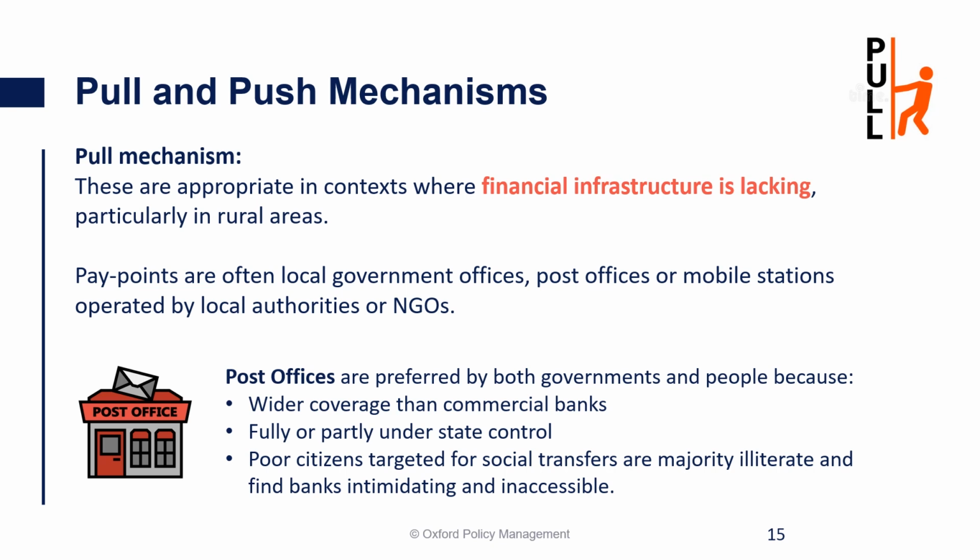In low and middle income countries, post offices tend to have wider coverage than commercial banks, especially in poor rural areas, and governments favor them as delivery agents because they are fully or partly under state control. Post offices also tend to be preferred by poor citizens targeted for social transfers, who tend to be illiterate and find banks intimidating and inaccessible.